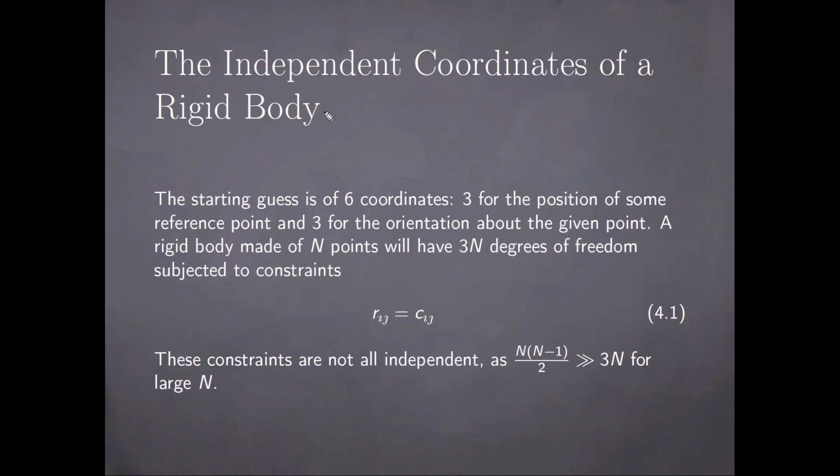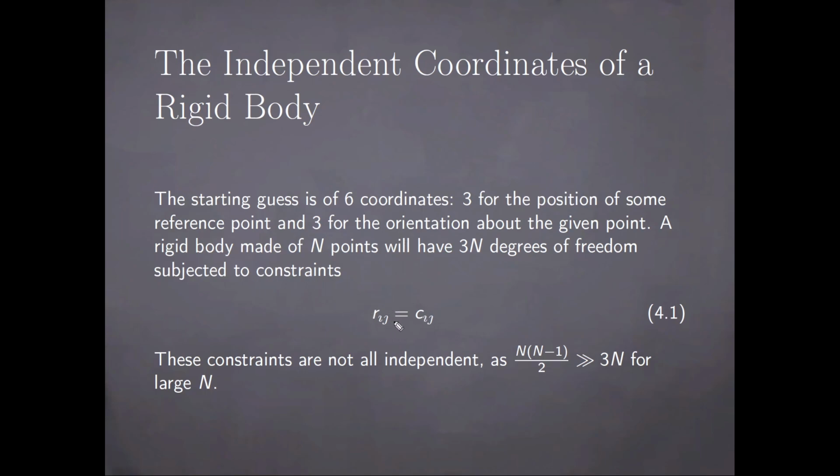Now, regarding the independent coordinates of a rigid body, the starting guess is of 6 necessary coordinates. That is, 3 for the position of some reference point and 3 more for the orientation of the rigid body about the given point. A rigid body made of n points will have 3n degrees of freedom subject to the constraints listed here.